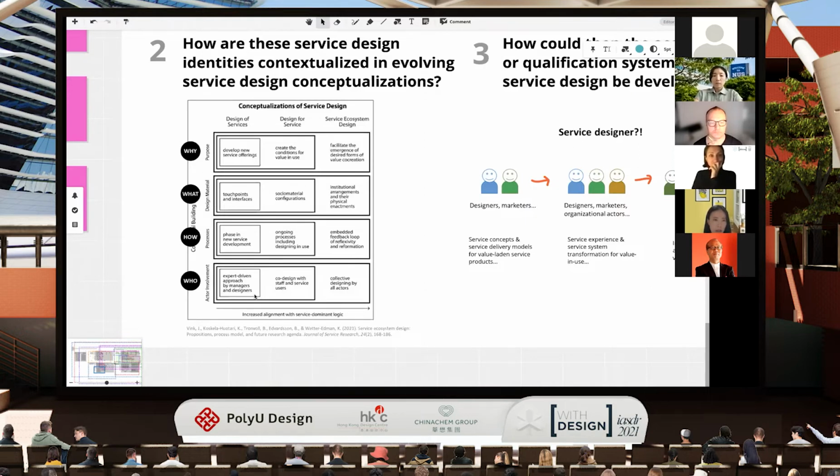And from the perspective of design of services, the main purpose of designer is to develop new service offerings, generally enabled by developing new touch points and interfaces. But from the design for service perspective, the main aim is to create the condition for emerging service experiences, value in use.